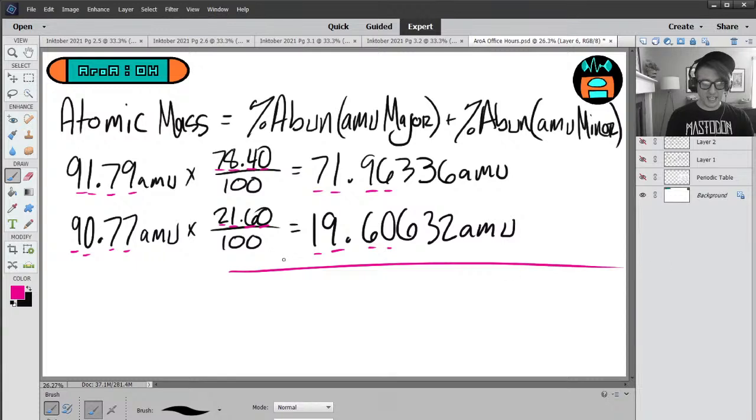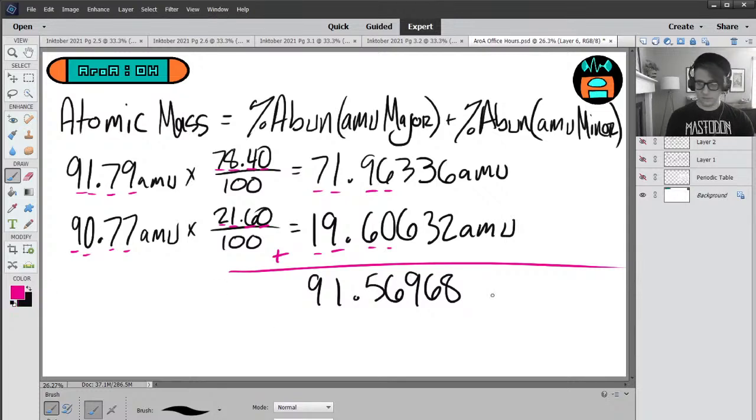Now we have to add these together to find the atomic mass of our element. So we got to add these up. My calculator is telling me that the sum of these two numbers has a value of 91.56968.